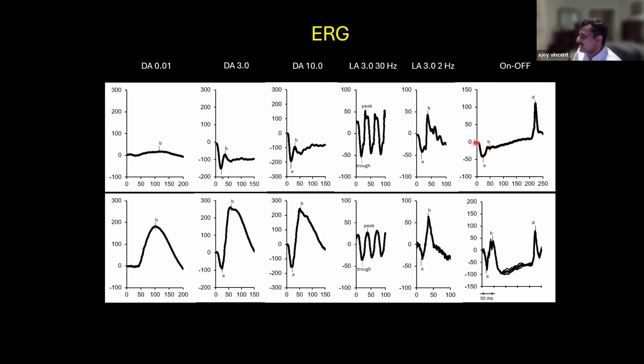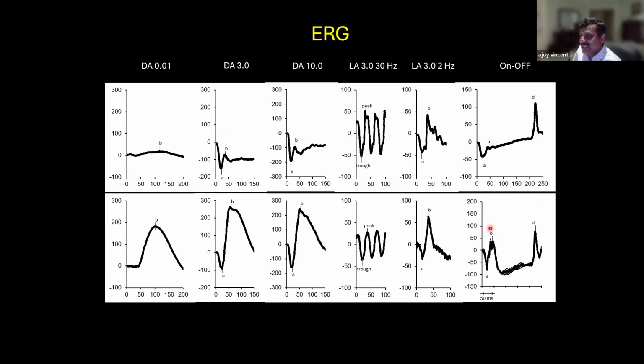As you can see here, the A wave, which is from the cone photoreceptors, is normal. The B wave does not go above the baseline, so there is no B wave here. Whereas the D wave, which is from the off bipolar cells, is preserved. The B wave, which is from the cone on bipolar cells, is affected.